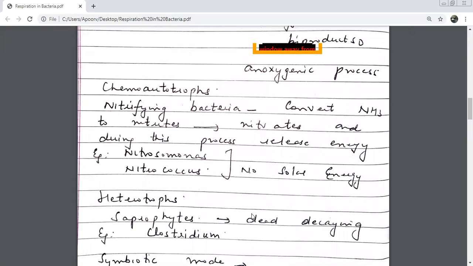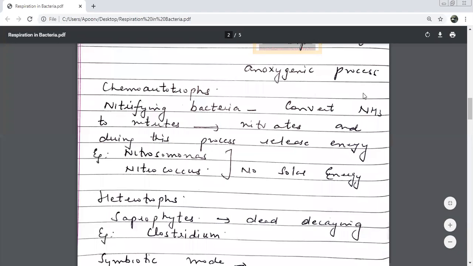The best way to understand chemoautotrophs is nitrifying bacteria. They convert ammonia first to nitrites and then into nitrates. During this process energy is released.